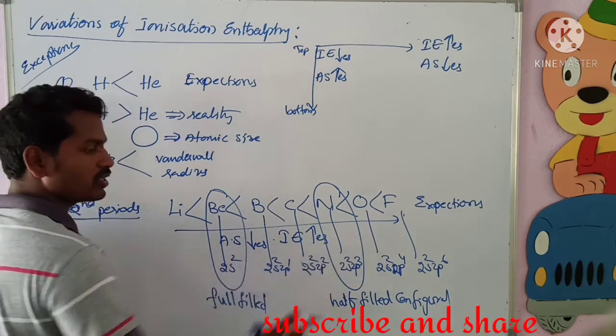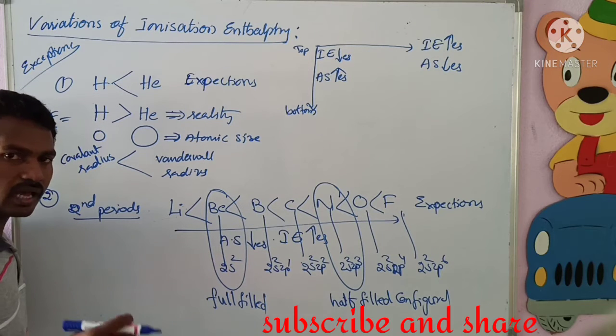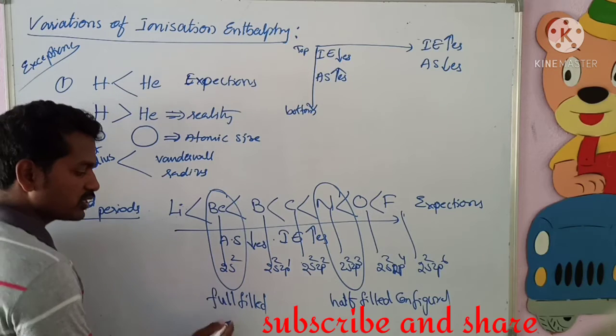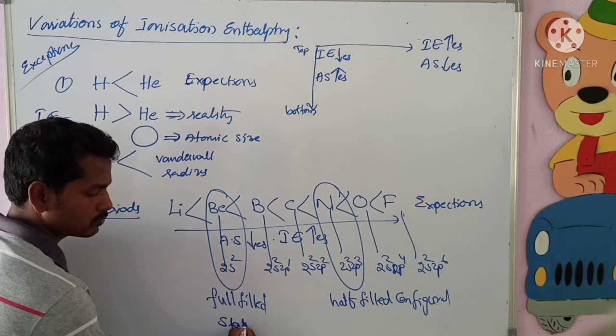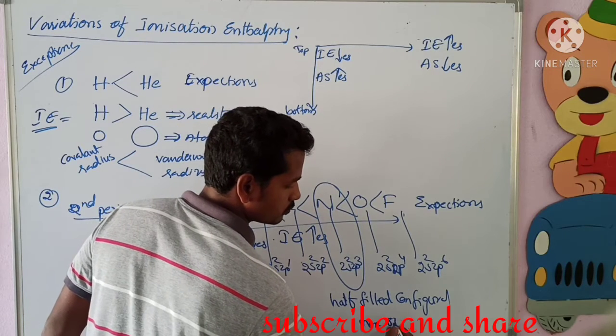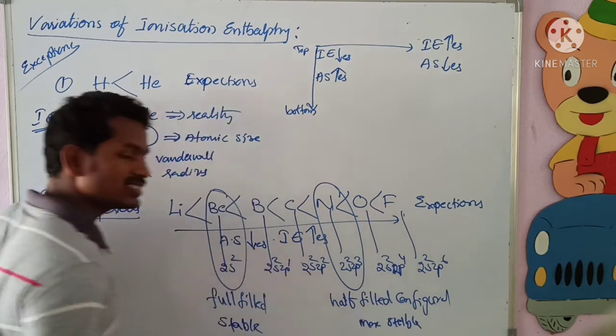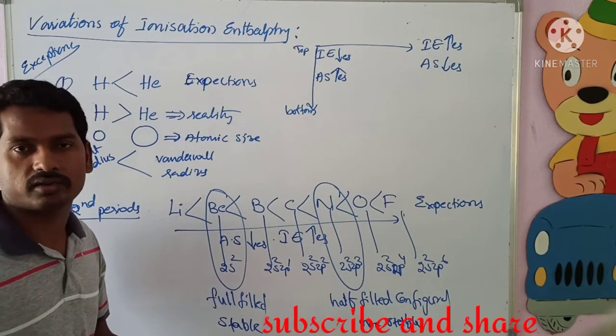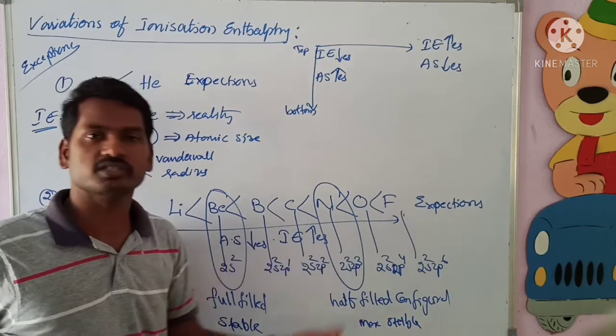These two elements do not follow the regular order because fulfilled is very stable and half filled is also very stable, so they do not follow the expected order.